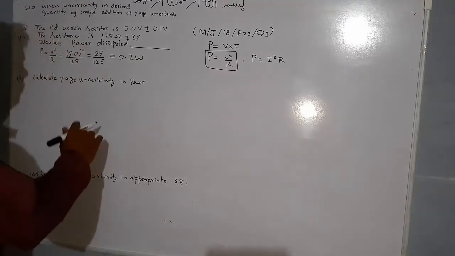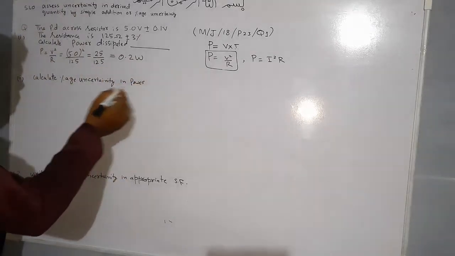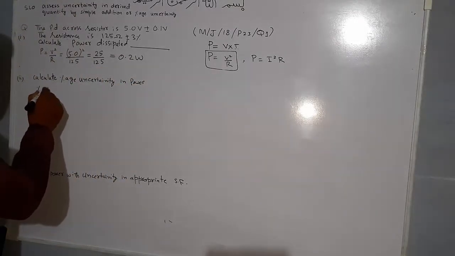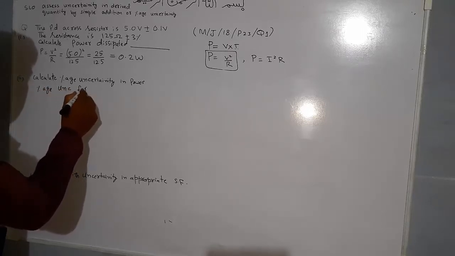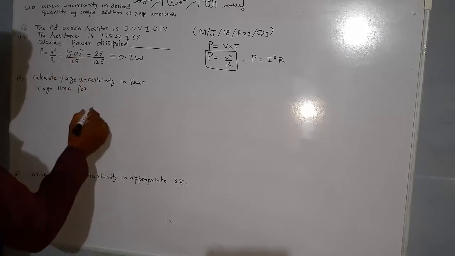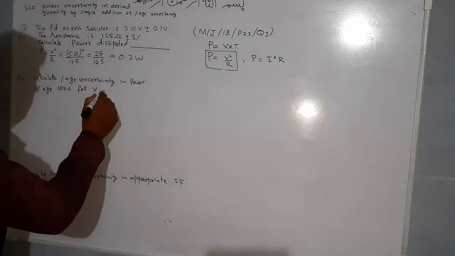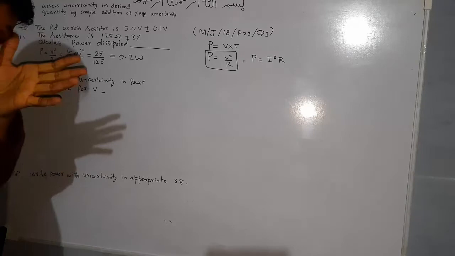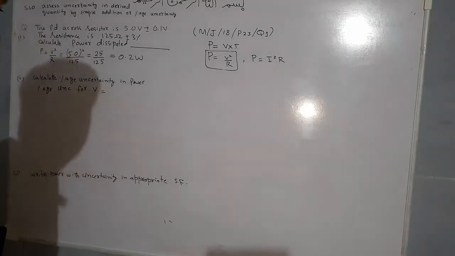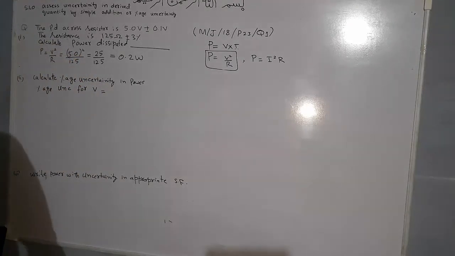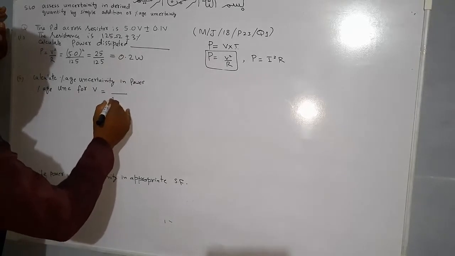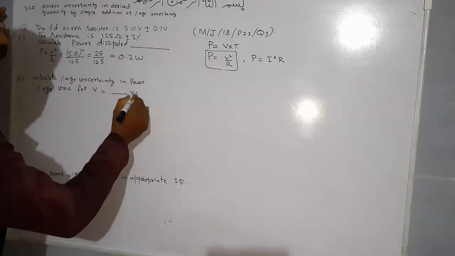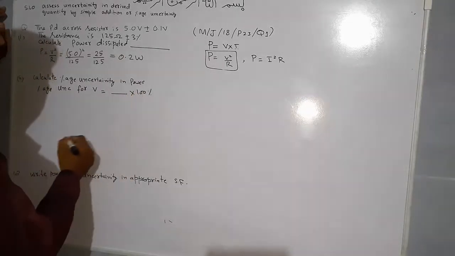So he is asking to calculate the percentage uncertainty in the power. For the first case, V squared, first we calculate for V and then deal with V squared. For V, the percentage uncertainty is absolute uncertainty over measured value multiplied by 100%.